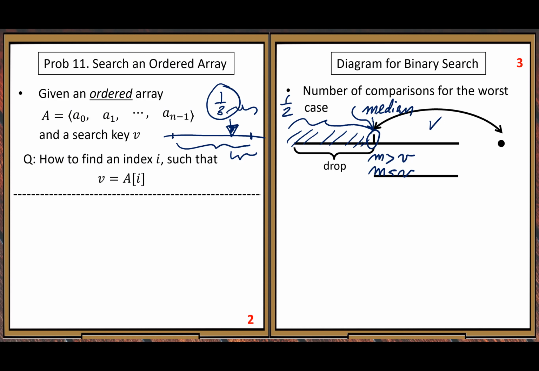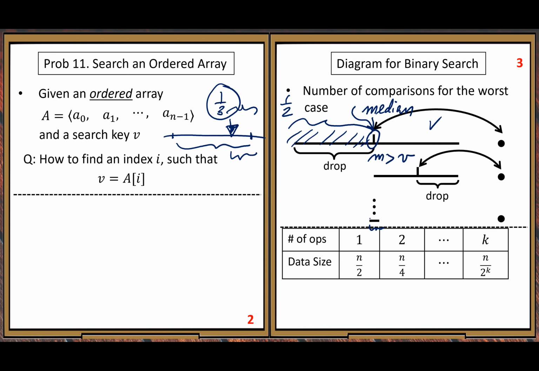Now, next round. After one comparison, we reduce the problem size by 1/2. Let's do another comparison, our second comparison. We reduce the problem size by another 1/2, dropping another 1/2 of the current array size, and so on. We keep doing that, and after a certain number of comparisons, the array size is reduced to this small.